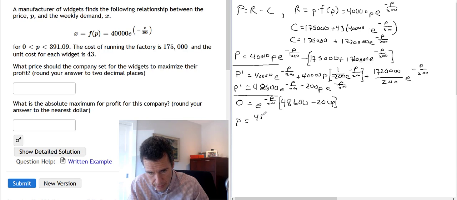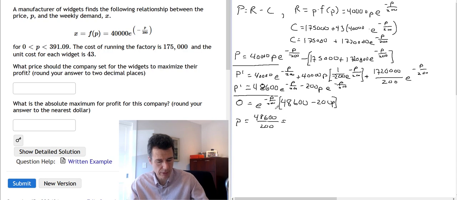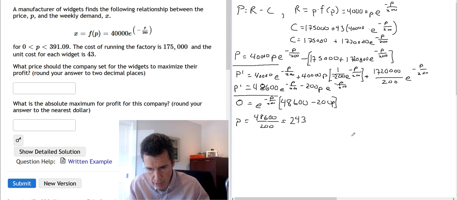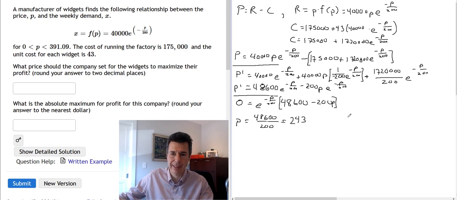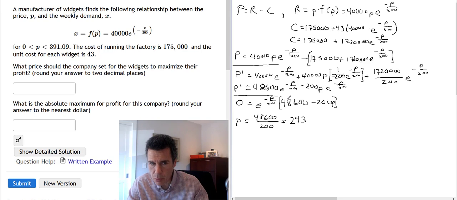That's 48,600 divided by 200, which is 243. That's not a very nice price. So 243 is our critical number, and there's only one.